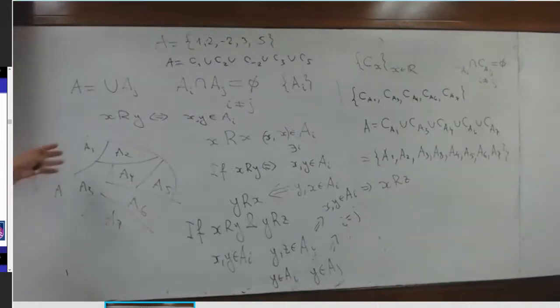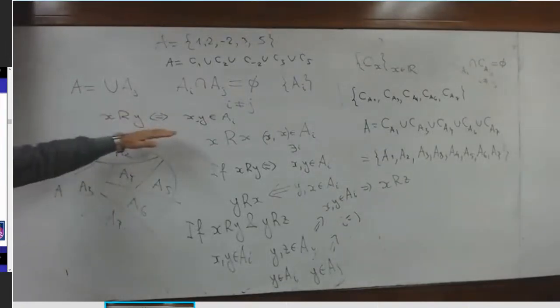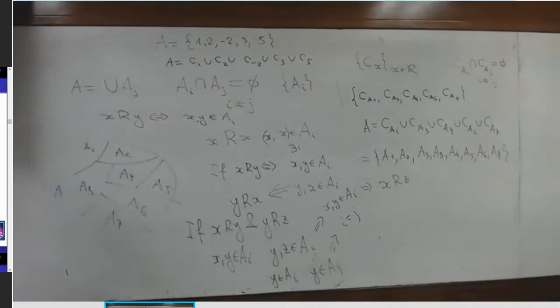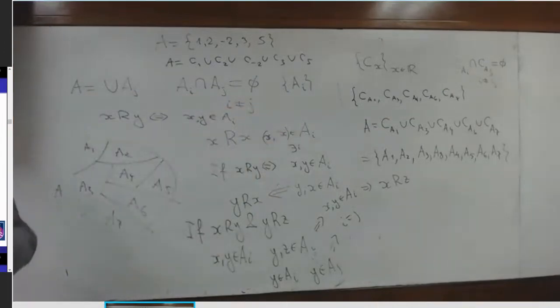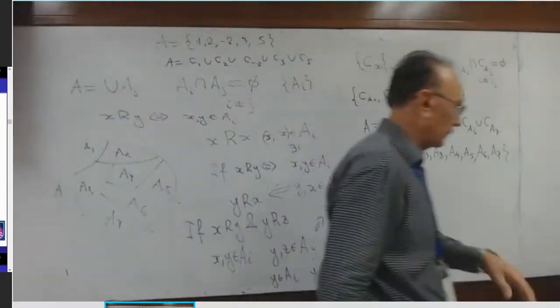So if you have some partition, then you can create some relation, which is an equivalence relation under this definition. So any equivalence relation gives some partition of your set, or if you have a partition, then you can define an equivalence relation according to that partition.